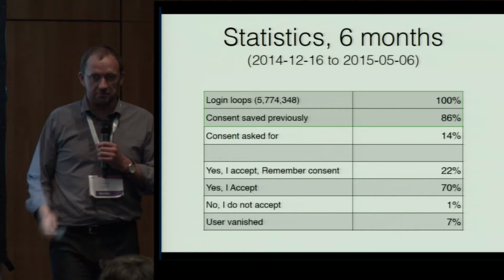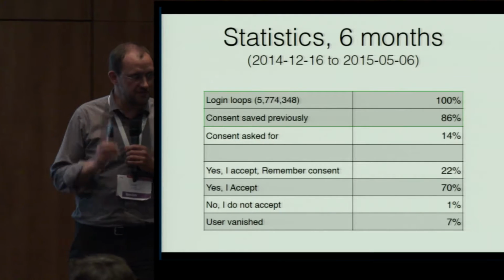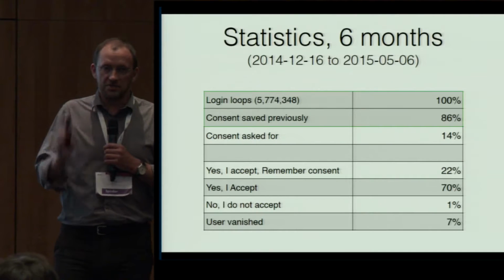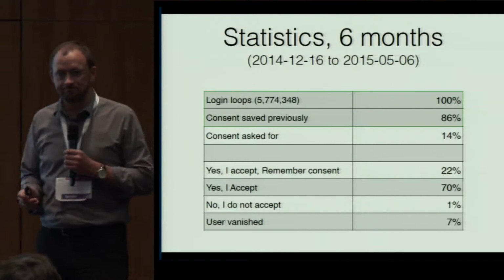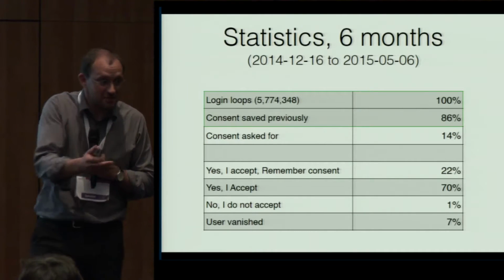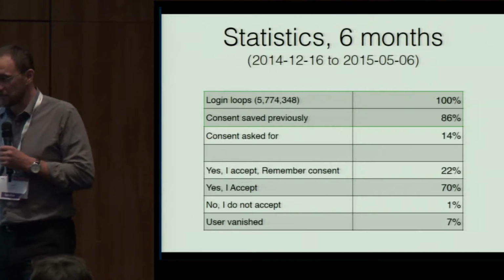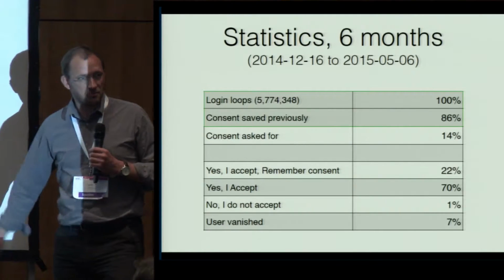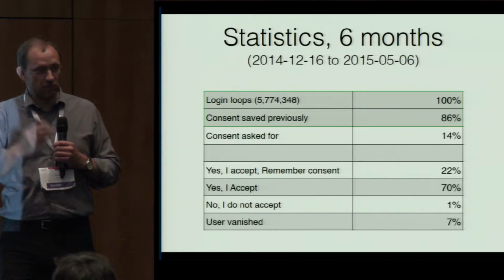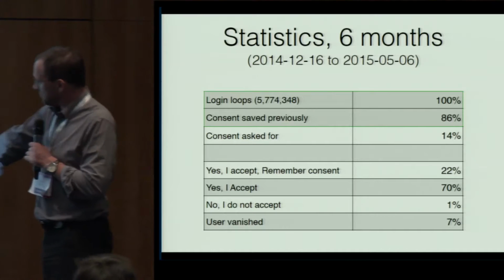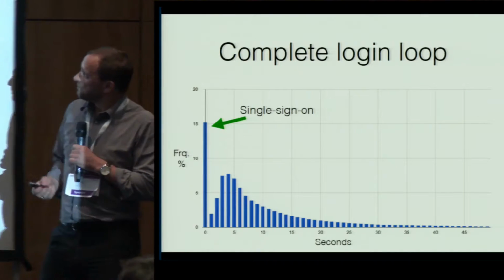No, I do not accept is 1%. And I think this is crucial. We actually see people deciding not to release the data. Whether this is for services that are necessary for their work, I don't know. We have no insights into that. And then we have user vanished, people that just closed their browser when they got to the page, whatever went wrong, 7%.